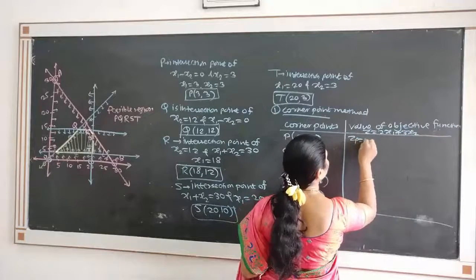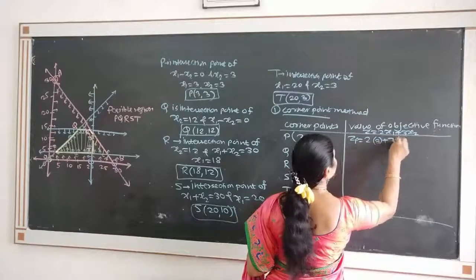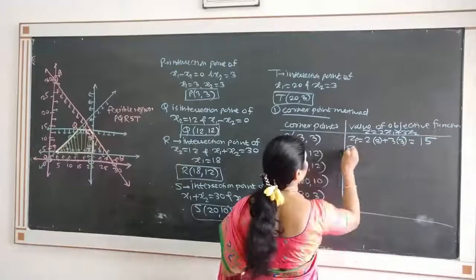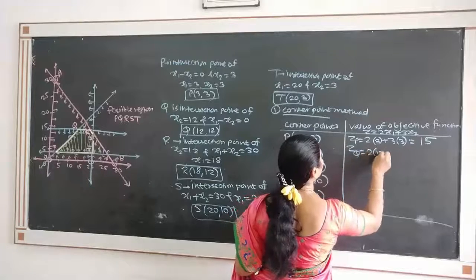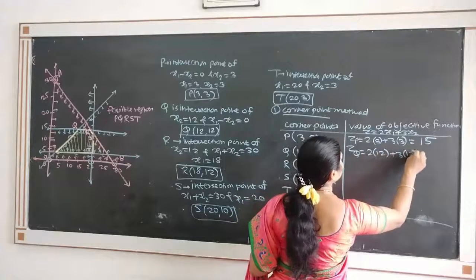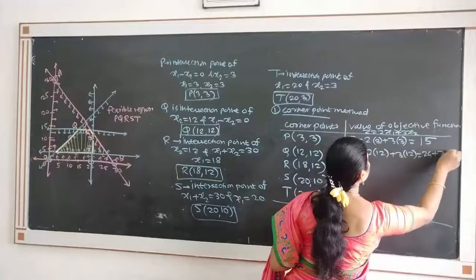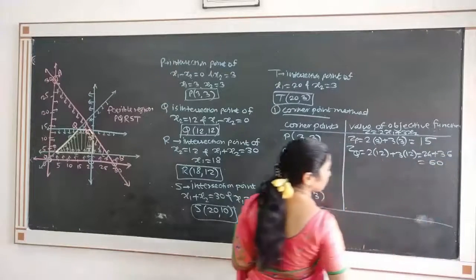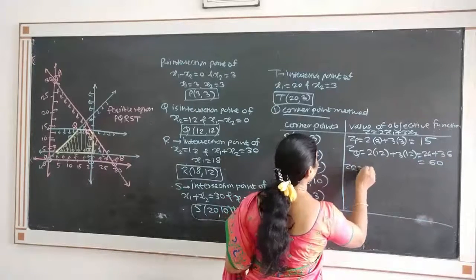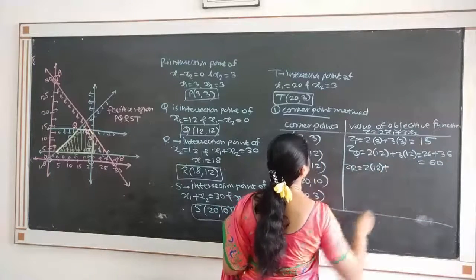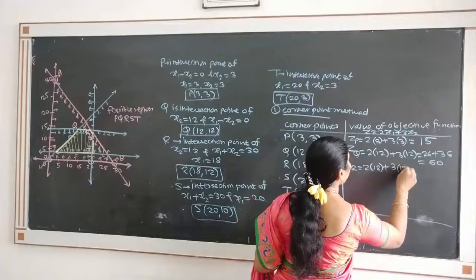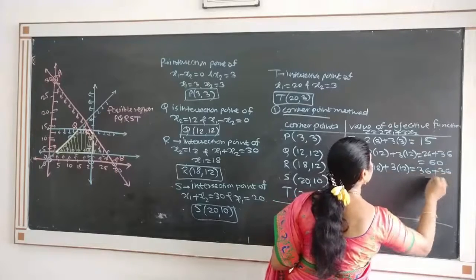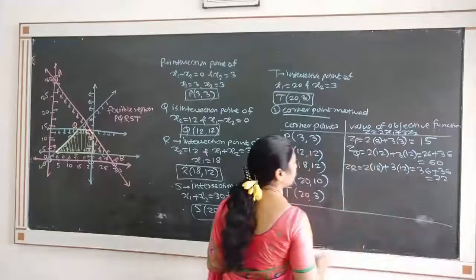So Z at P, that is 2 into 3 plus 3 into 3, 15. Z at Q, 2 into 12 plus 3 into 12, 24 plus 36, 60. Z at R, 2 into 18 plus 3 into 12, that is 36 plus 36, 72.